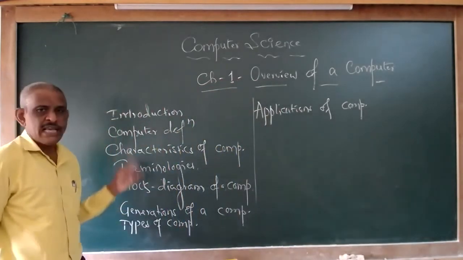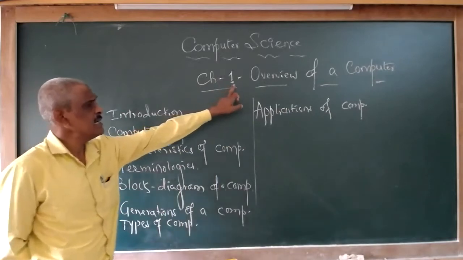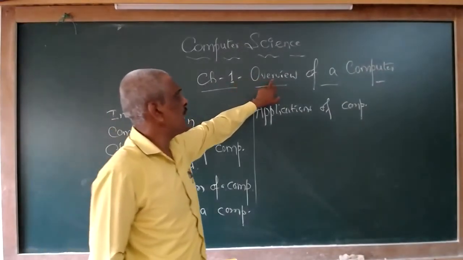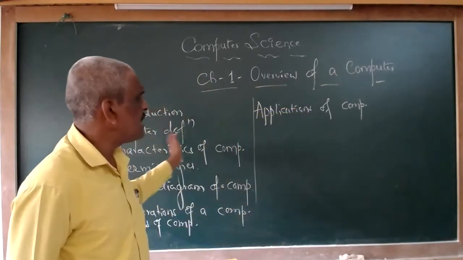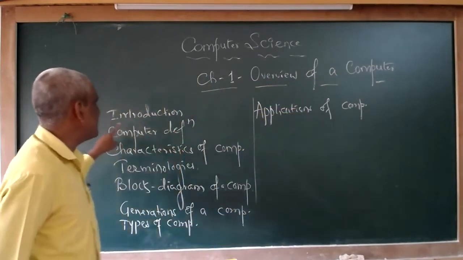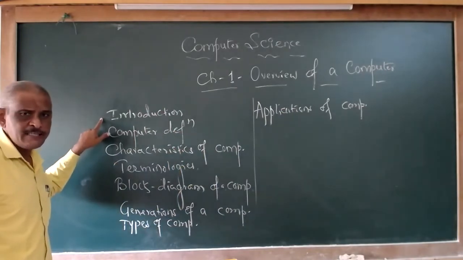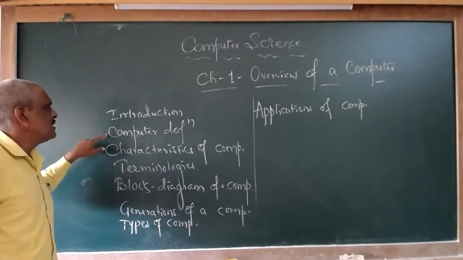So these are the things you have to cover under chapter number 1 known as overview of a computer. It means all the introductory part will be covered in this chapter. It starts with introduction, then computer definition.